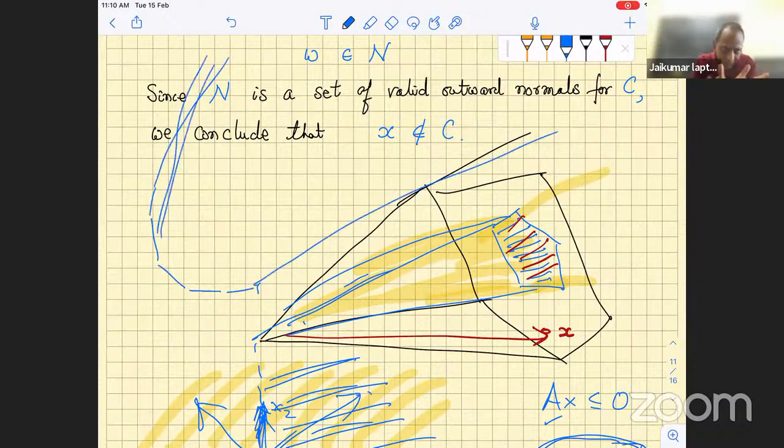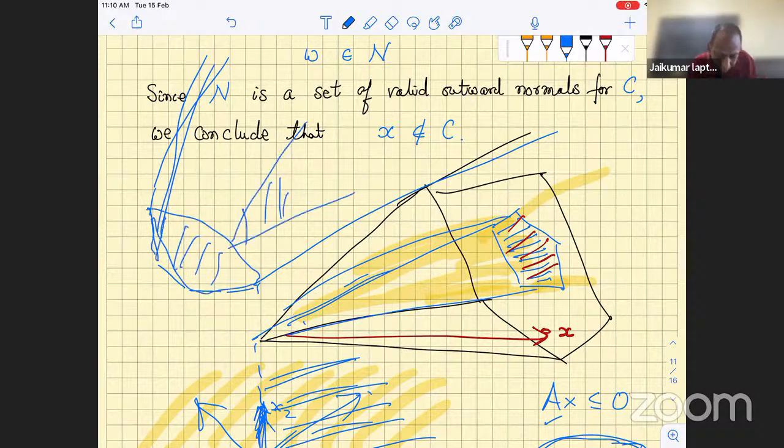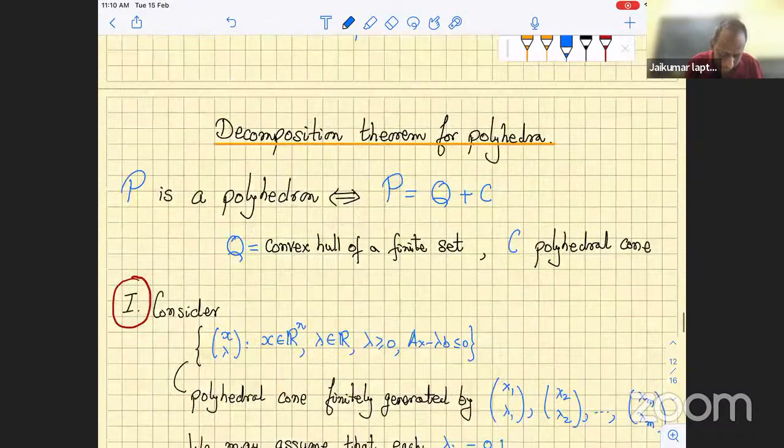So there is a little base, a polytope sitting here, and then there is a cone sitting here. If you add that cone to this polytope, you will get this picture. And that is a theorem that I was supposed to prove.